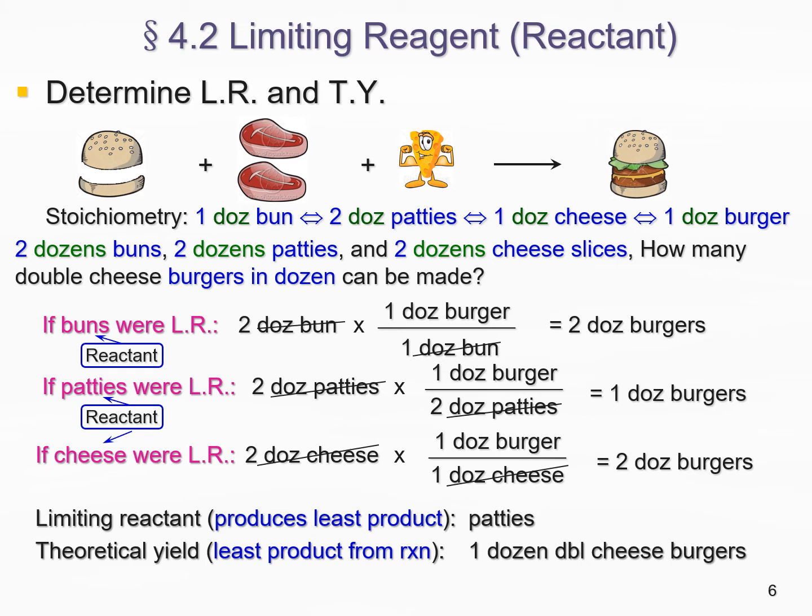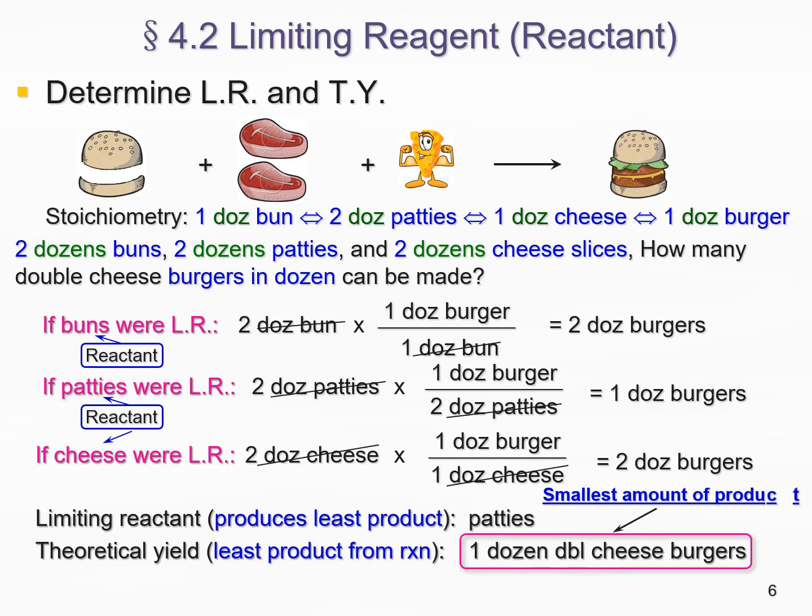Now, I want you guys to realize, for limiting reactant, we are going to pick the smallest amount of the product. Why the smallest amount of product? Because reaction stops as patties runs out. Right?